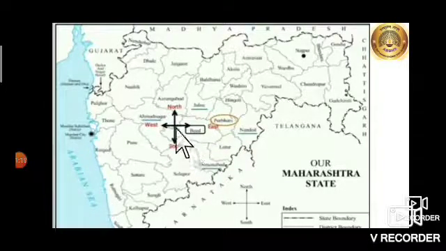You have to keep your compass rose and see which direction lies where and which district is there. So, to the east of Beed is Parbhani, to the north of Beed is Aurangabad, to the west of Beed is Ahmednagar, and to the south of Beed is Usmanabad. So this is how you can keep the compass rose on any state or district and identify its directions. Students, I hope that you have understood how to identify the directions using a compass rose.